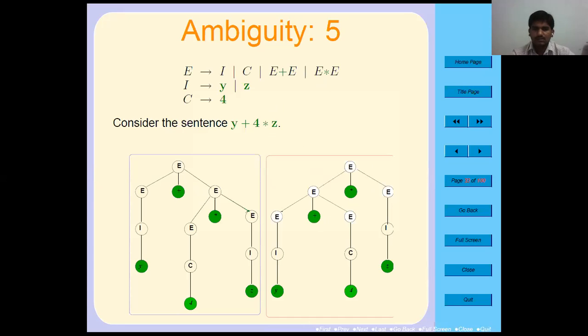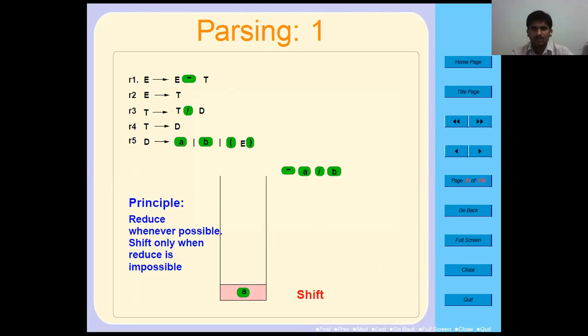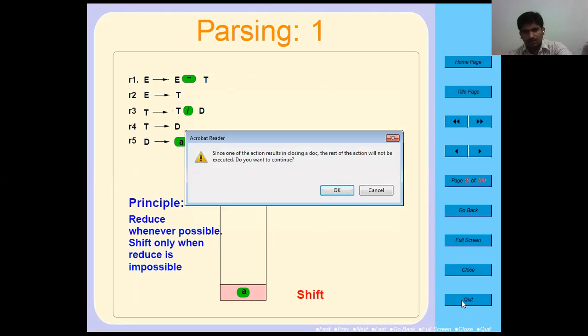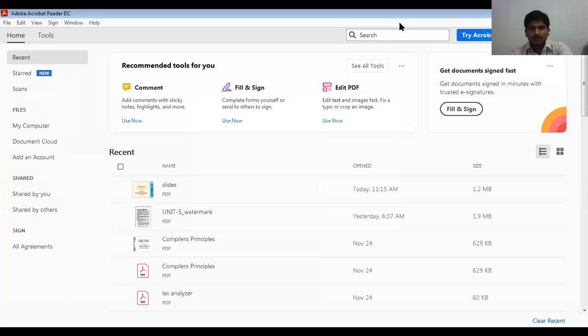That is called ambiguity. To overcome this we have a lot of things. It is a very big topic. Okay, we'll go to our main things.